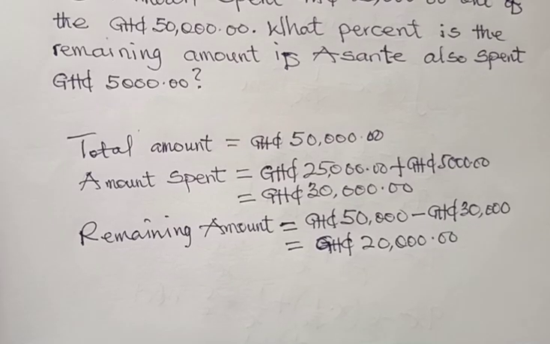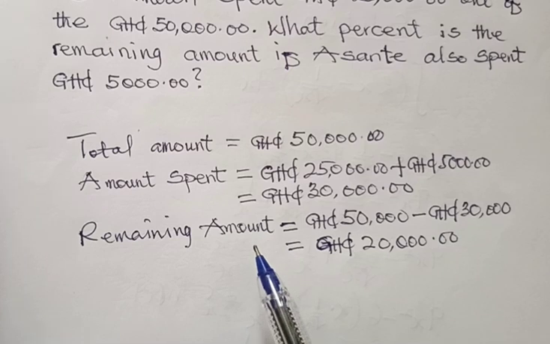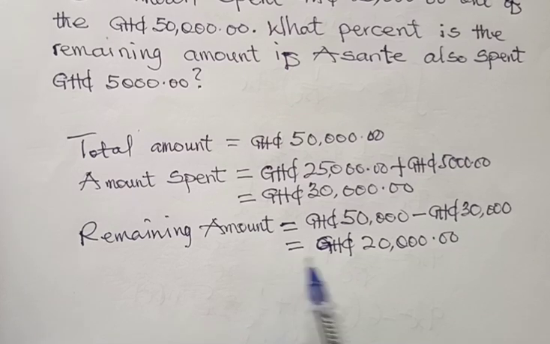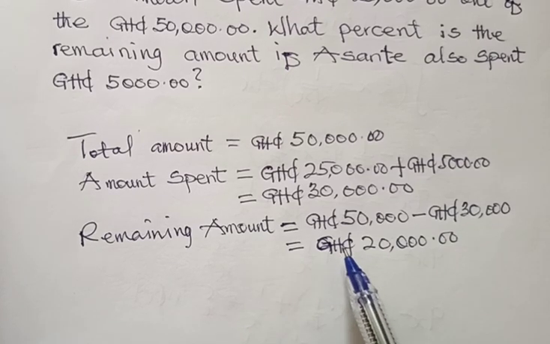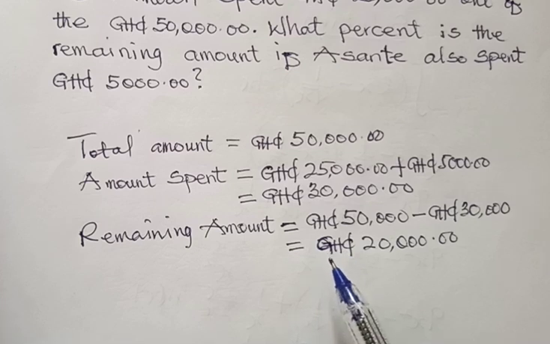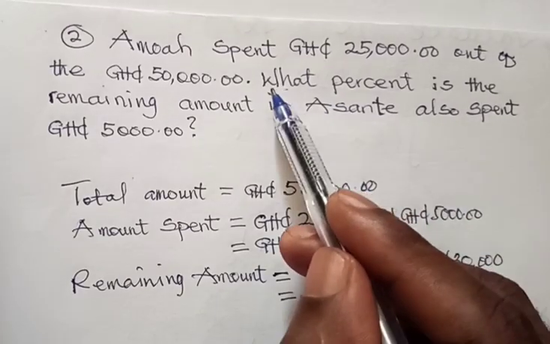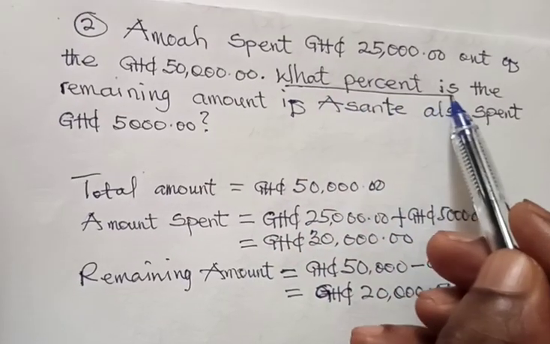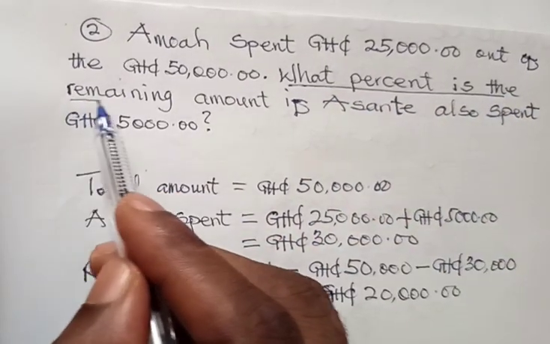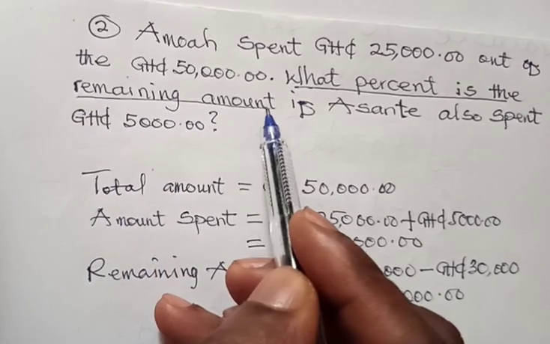Good. So what does the question demand? The question demands we find the percentage of the amount that gives us the remaining amount. So this is the question: what percent is the remaining amount? Good.